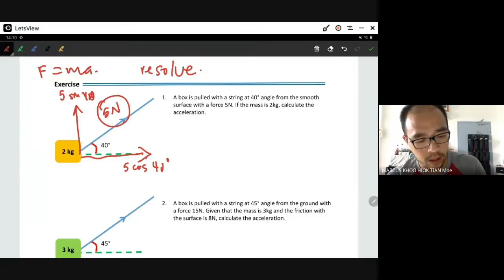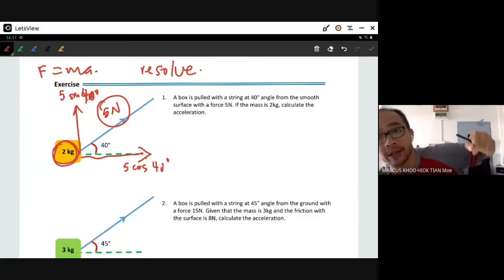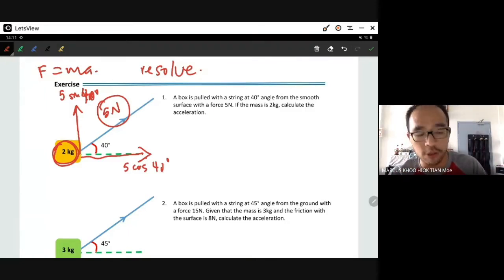Now, probably the thing that I didn't mention yesterday was this. Which of these, the horizontal or the vertical force, you can turn off your mic, thanks Mordecai. So between the horizontal and vertical force, which is the force that is involved in the movement of this 2 kg? Yesterday we saw this situation, if you pull a bag, the bag is not going to move up, it's going to move forward.